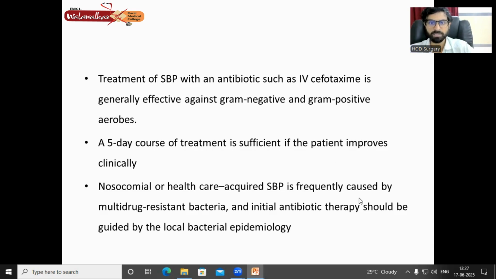Treatment of SBP with an antibiotic such as IV cefotaxime is generally effective against gram-negative and gram-positive aerobes. A 5-day course of treatment is sufficient if the patient improves clinically. Nosocomial or healthcare associated SBP is frequently caused by multi-drug resistant bacteria, and initial antibiotic therapy should be guided by the local bacterial epidemiology.